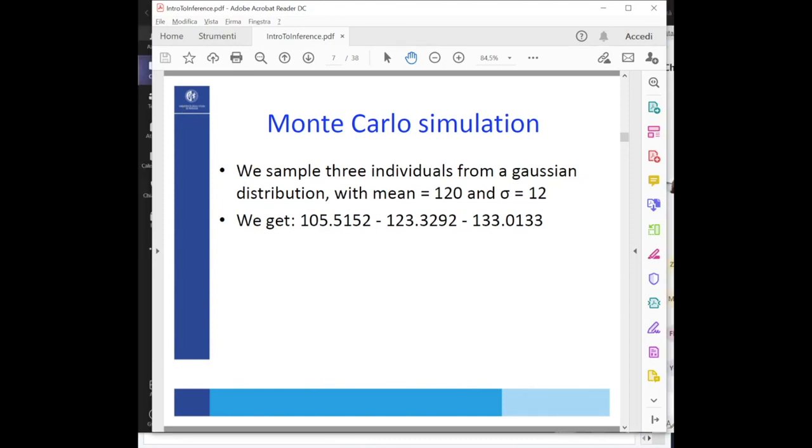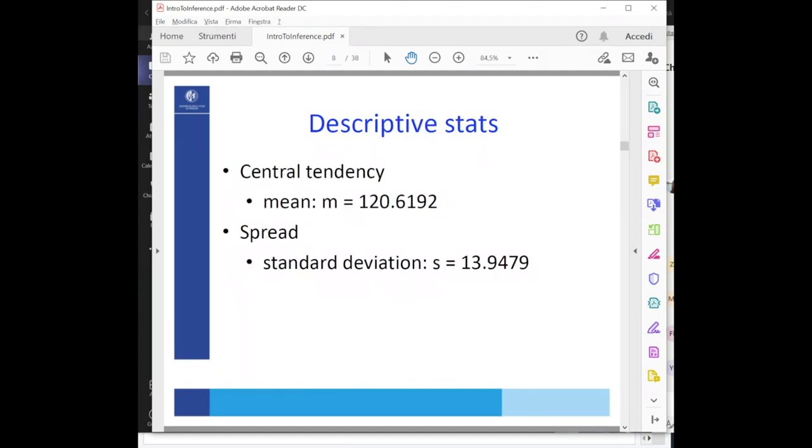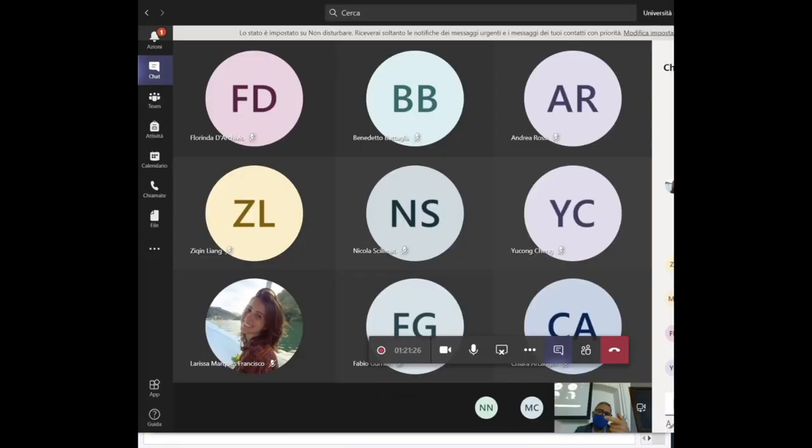We are looking for the unknown value for the population, so we calculate the mean of the sample to start with. I mean, we calculate some descriptive stats for the sample. That is what we can do. We have the sample, we describe it. So let's do it. I have done it already, but we do it together.